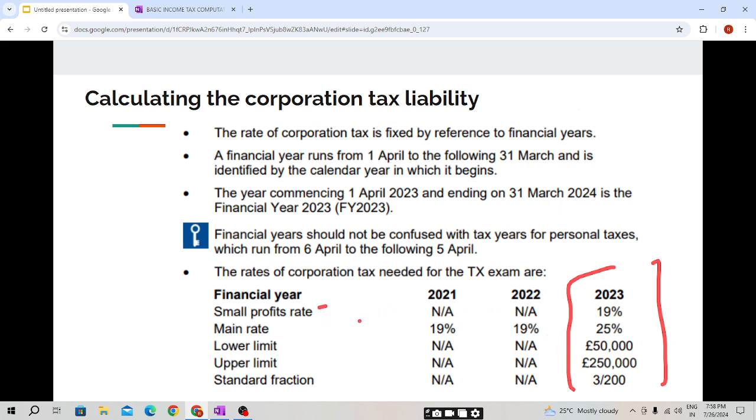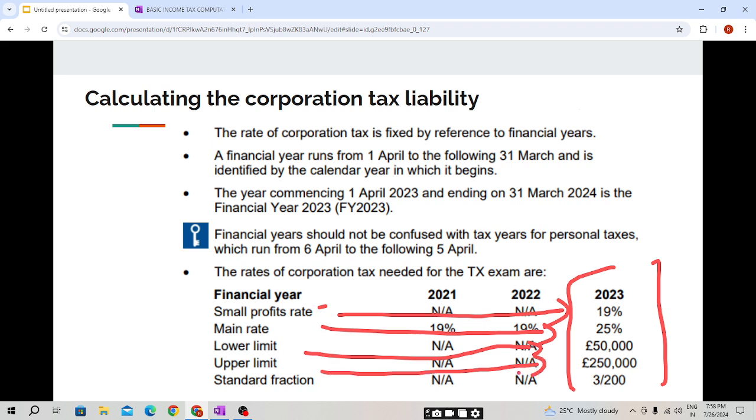So we have two types of rates. Small profit rate is 19%, main rate is 25%. There was no lower limit before, but for this year we have a lower limit of 50,000 pounds, an upper limit of 250,000 pounds and a standard fraction of 3/200. This is relevant for us. This is what we will be studying.